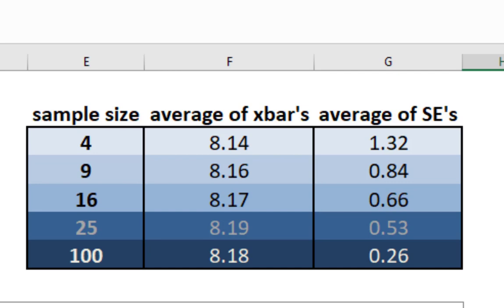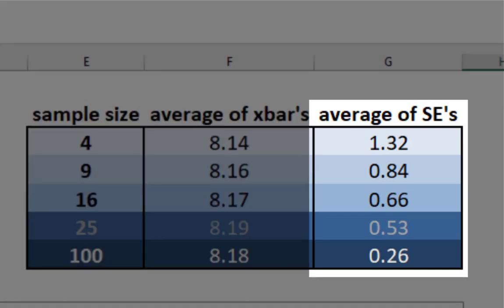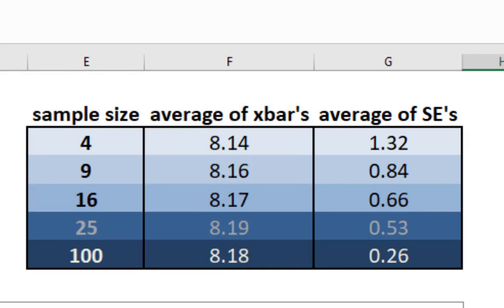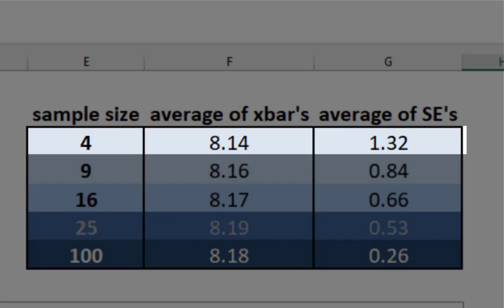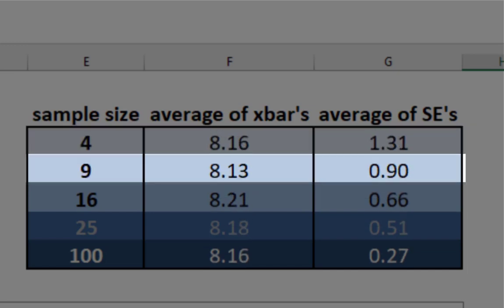Aha! So that's where the standard error comes in. Remember what this is? It's the standard deviation of the sample averages. So take a look. When you sample 4, the standard errors are hovering around maybe 1.32, 1.33. They're bouncing around quite a bit, but they're definitely focused on a number like 1.33. When the sample size is 9, it's around 0.89, maybe 0.9.